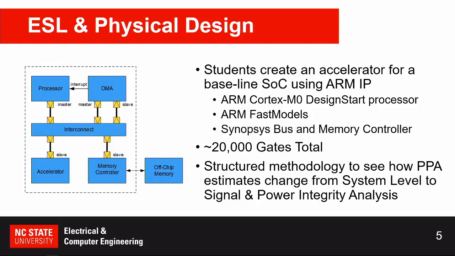It allows them to see how their estimates of power, performance, and area change from that highest level of abstraction all the way down to the bottom, so that they're used to seeing that certainty grow rather than becoming less certain, and so that you can converge on a finished system. So we also use ARM fast models, which is that transaction level modeling environment.